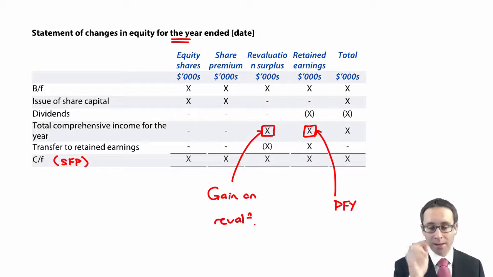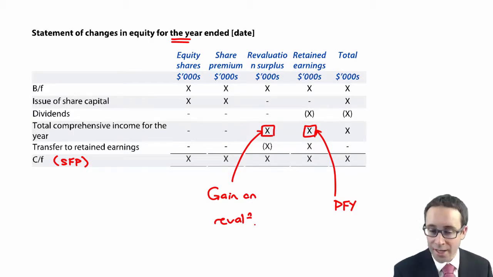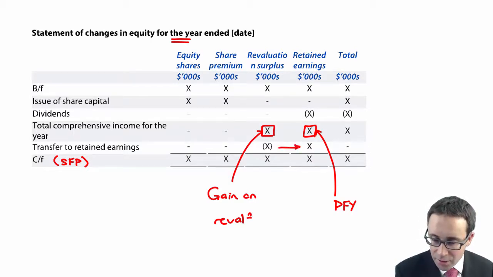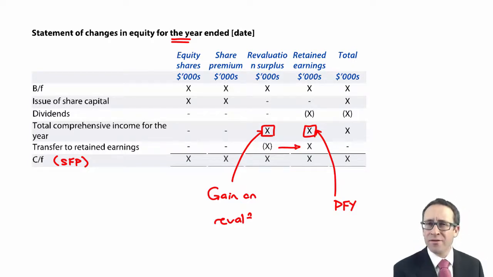You've then got the transfer to retained earnings. We did touch upon that at certificate level very briefly. You've possibly forgotten it, which is why we reintroduce it later on when we begin to look at property, plant and equipment.